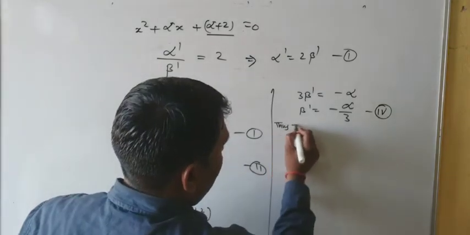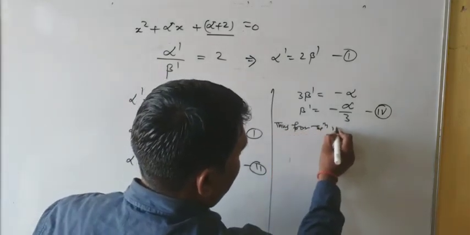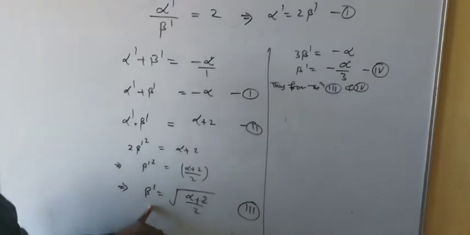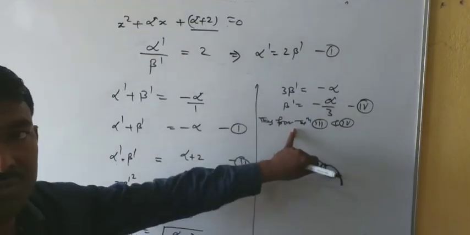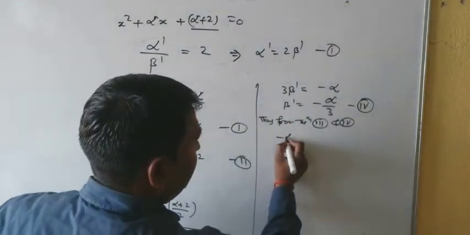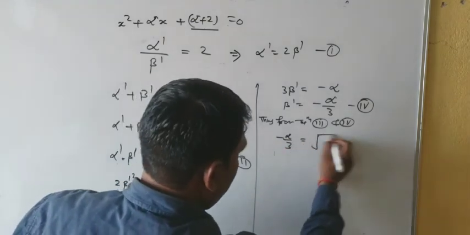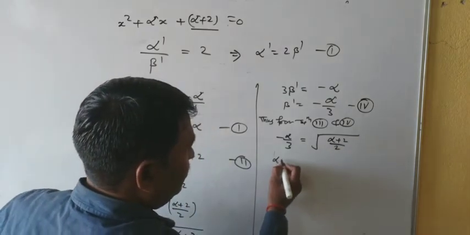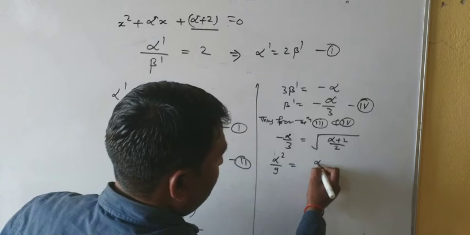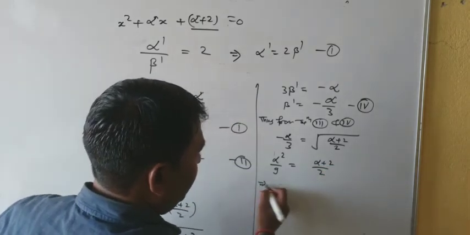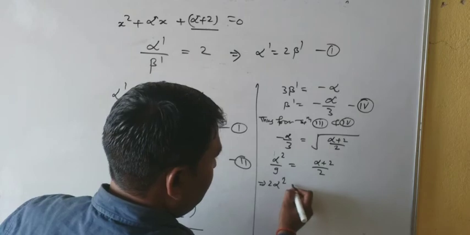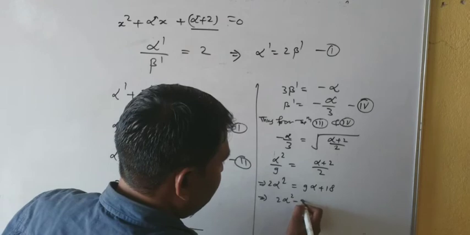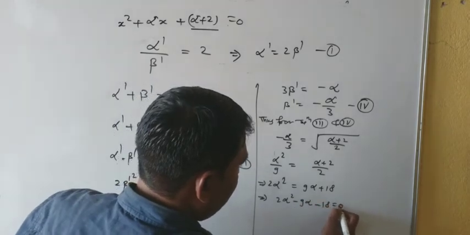Thus, from equation 3 and 4, minus alpha by 3 should be equal to under root alpha plus 2 by 2. Squaring both sides, alpha square by 9 is equal to alpha plus 2 by 2. It implies that 2 alpha square is equal to 9 alpha plus 18. It implies that 2 alpha square minus 9 alpha minus 18 is equal to 0.